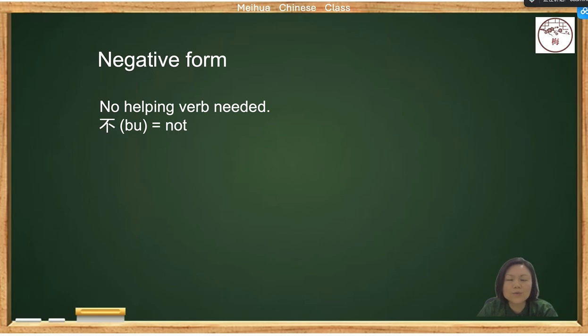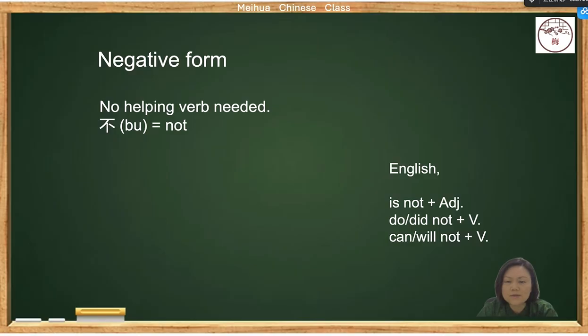Of course, we should use the word not to indicate it's negative, right? But also we need to add some helping verb along with not to express a negative statement. So what are those helping verbs? They can be a be verb, right? A linking verb. They can be do, does, did, or they can be modal verbs. Can, will, not.